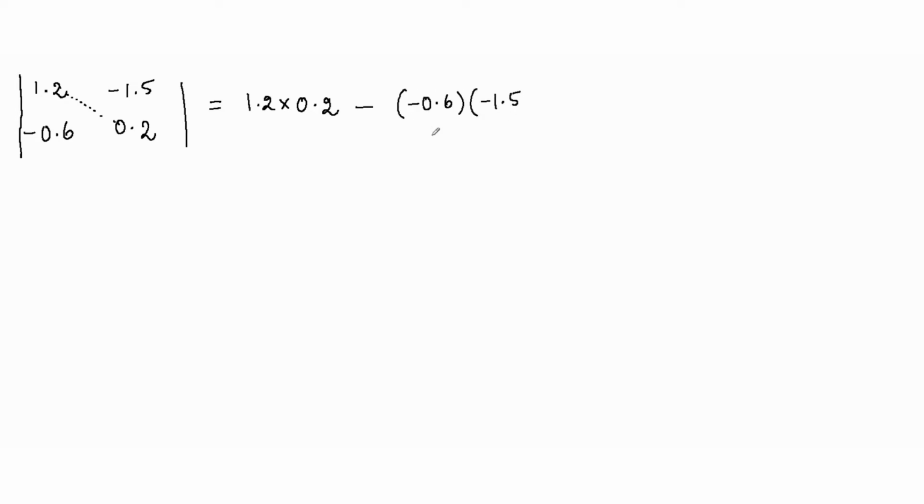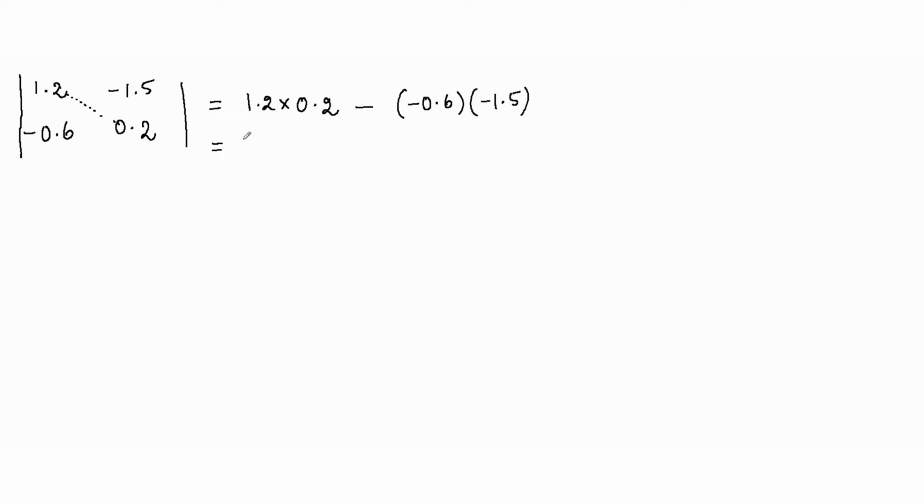Let us now try to simplify something like 1.2, 0.2, minus 1.5 and minus 0.6. Again over here I am going to multiply the leading diagonal, that is 1.2 multiplied by 0.2, minus, and then I have to multiply the elements along the other diagonal, that is negative 0.6 and negative 1.5.